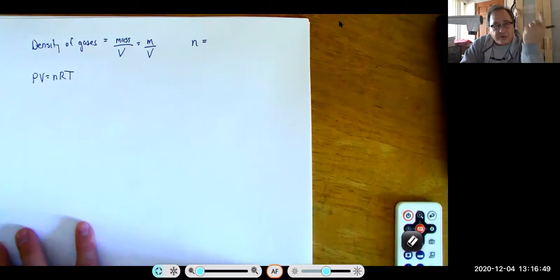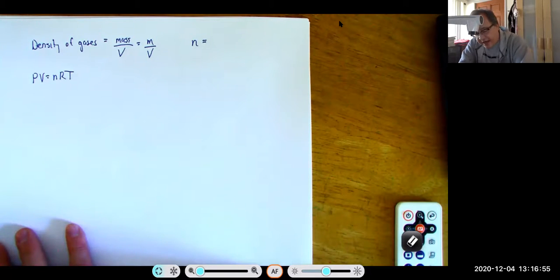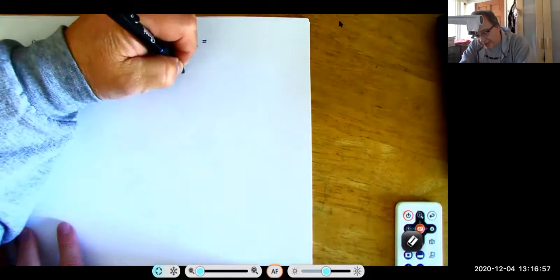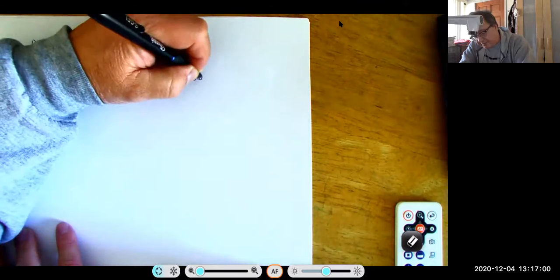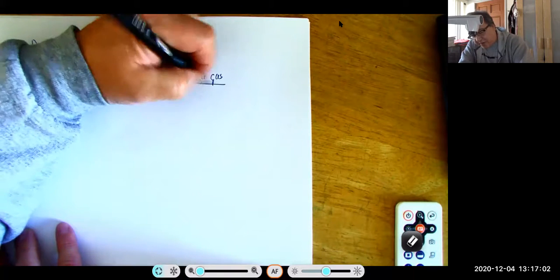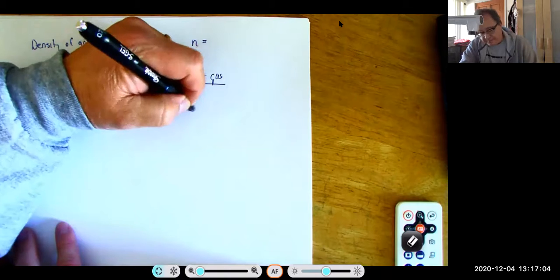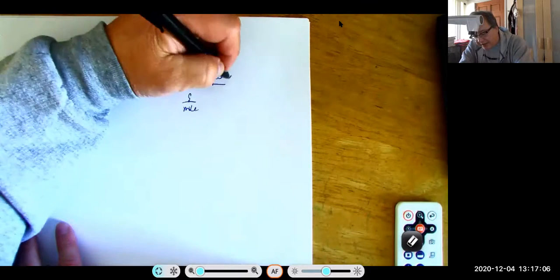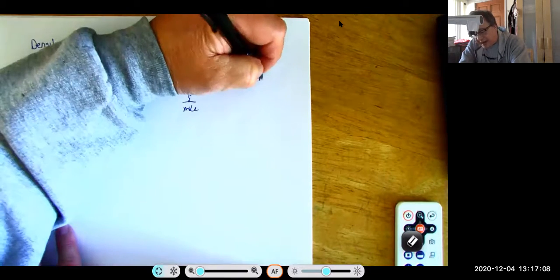Trying to think about how to derive this equation. If you take the molar mass of a gas, which is going to be grams per mole, and you multiply it times n, you're going to get the mass of the gas.